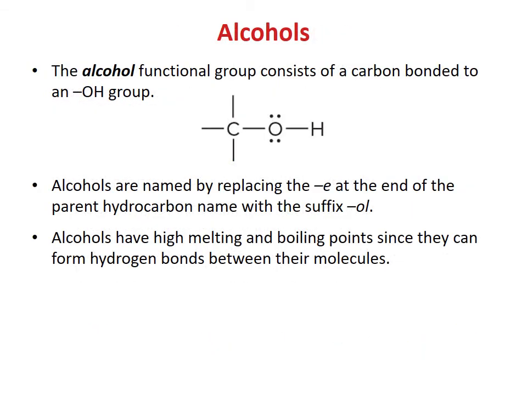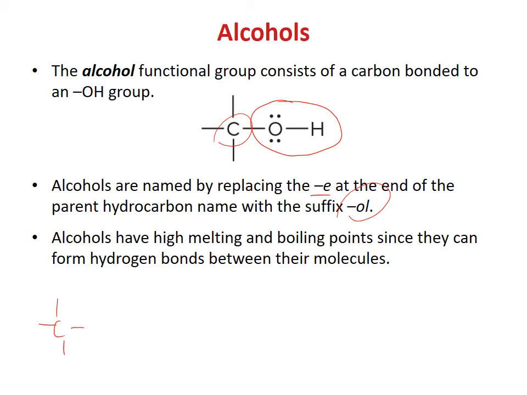Let's start with the alcohol functional group. The functional group consists of a carbon bonded to an OH. Alcohols are named by replacing the E at the end of the parent hydrocarbon name with the suffix OL. So let's start with the simplest one, 1 carbon.